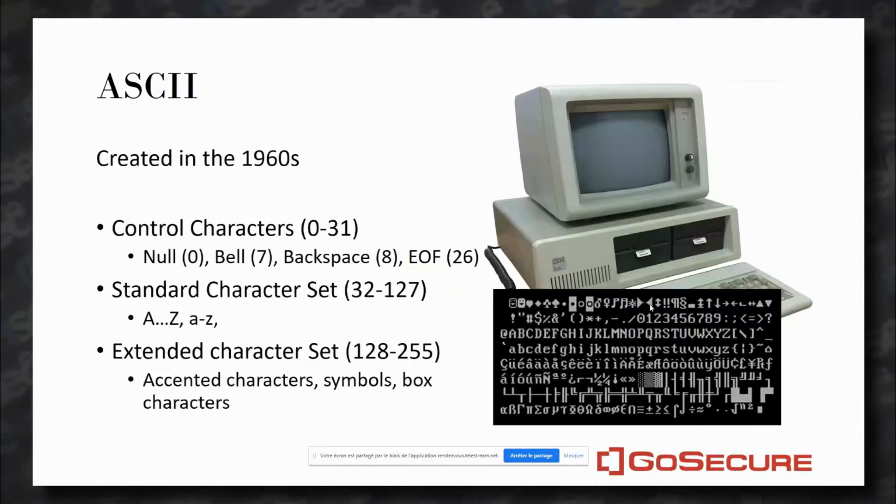The thing is that we cannot store all accented characters of every language, so we need to make some choices. With this limitation, systems around the 60s and 70s implemented different extended character sets. And these were called code pages.